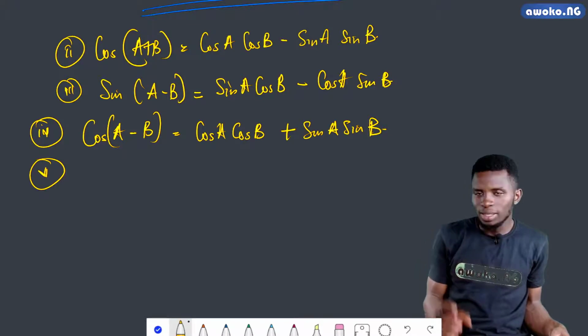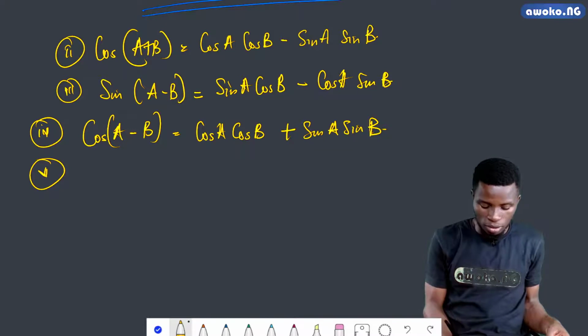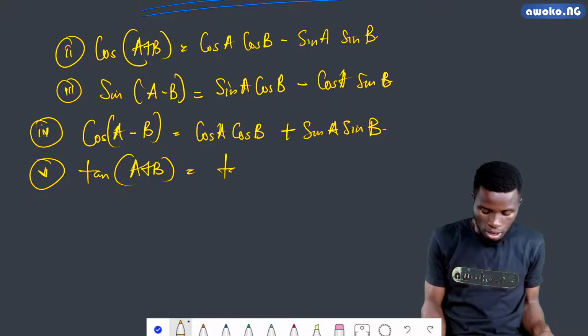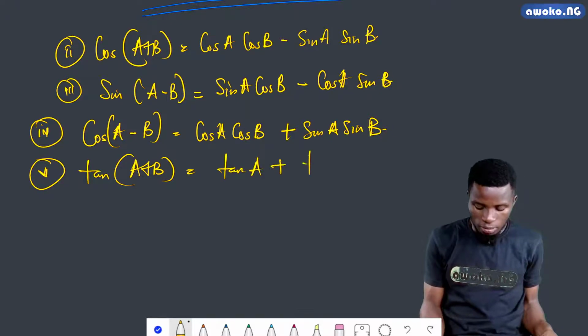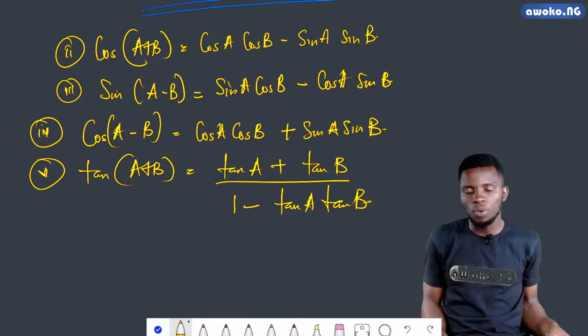So the fifth one is the tangent of the two angles A and B. Let us consider the addition first. So tan A plus B is simply equal to tan A plus tan B all over 1 minus tan A tan B. And what if we are asked to subtract B from A?